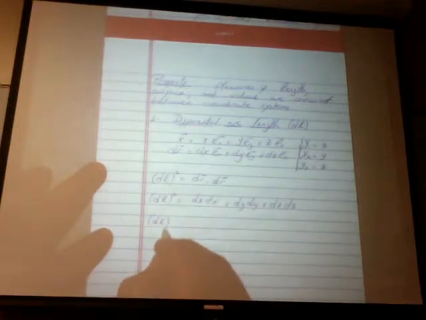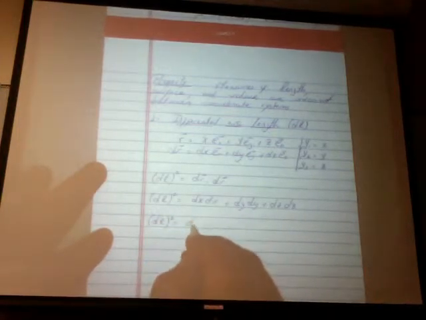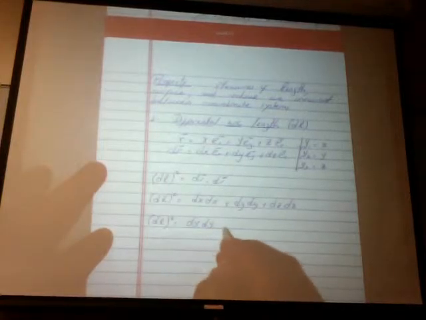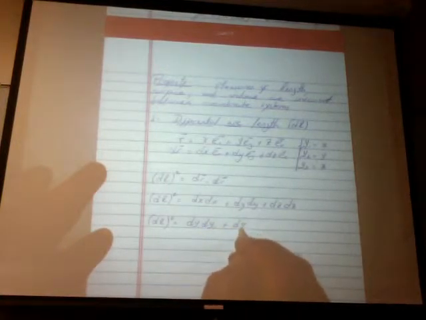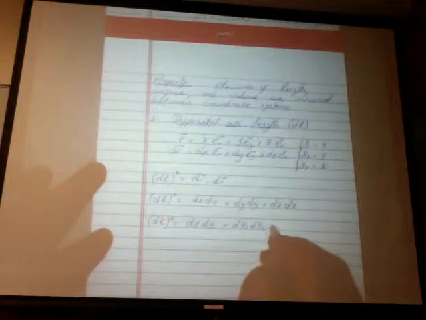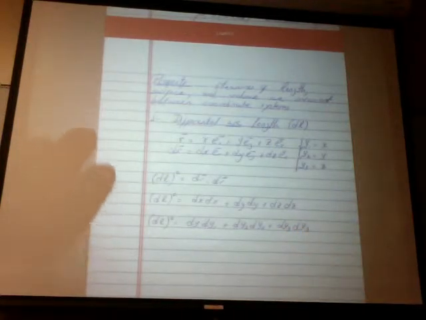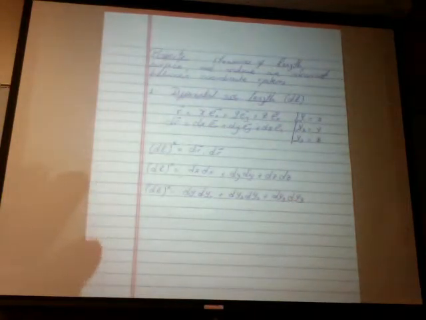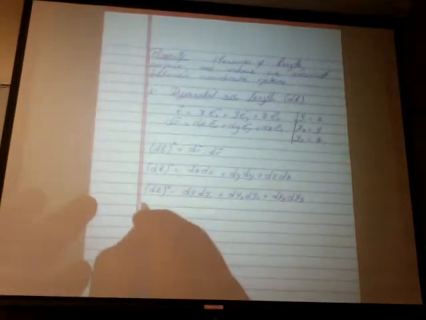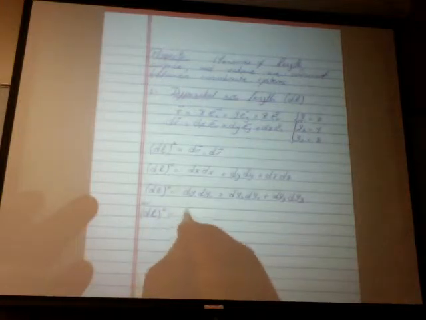Expressed in indicial notation, we have dy1 dy1 plus dy2 dy2 plus dy3 dy3, or dl squared is equal to dyi dyi.